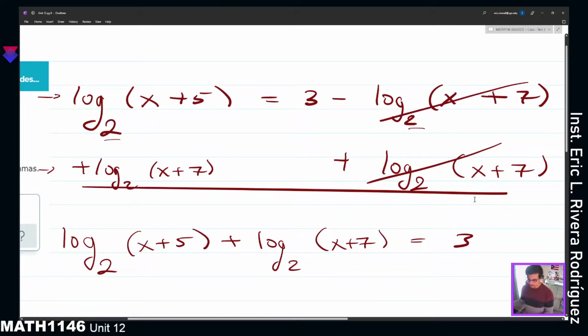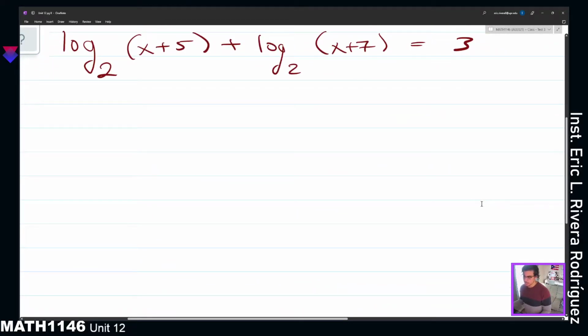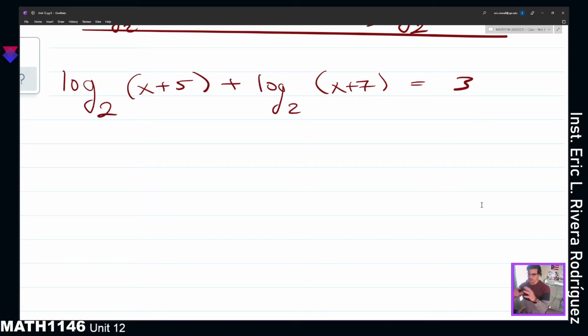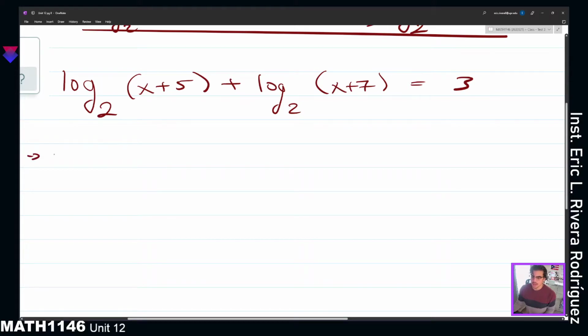Okay, and careful here because we are going to solve two problems here. You will see how we become into two problems. The first thing that we can do here is, since we are adding these two logarithmic functions and they have the same base, you can use the product property to combine both.